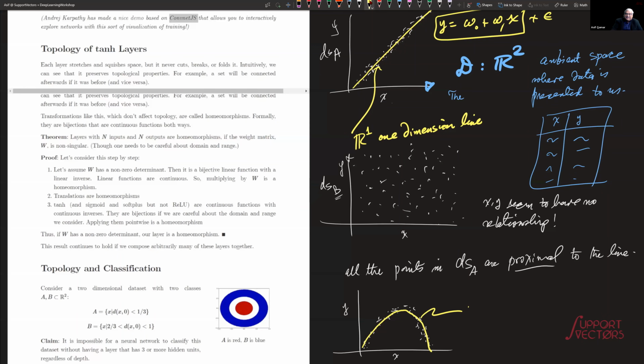You have a one-dimensional curve that the data is proximal to.